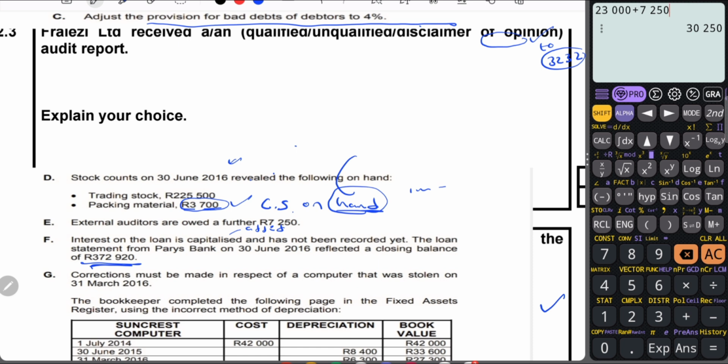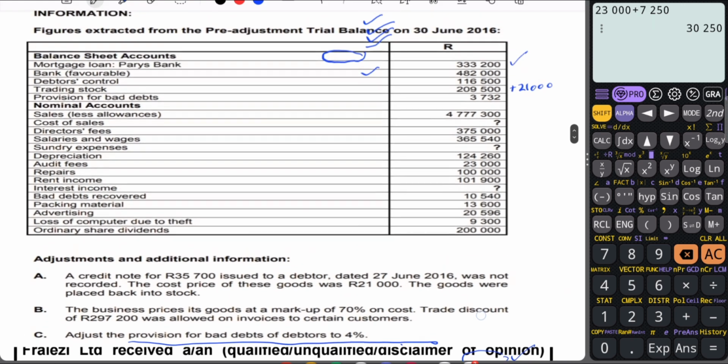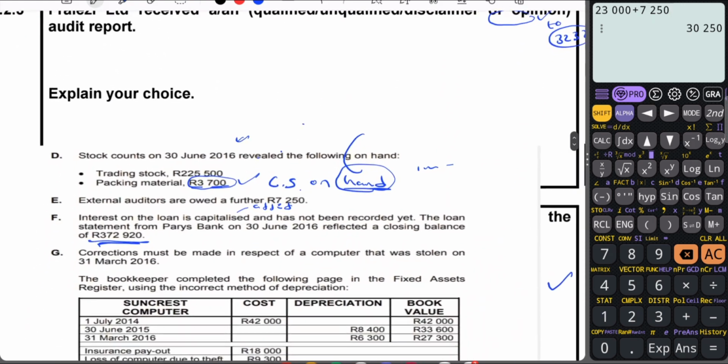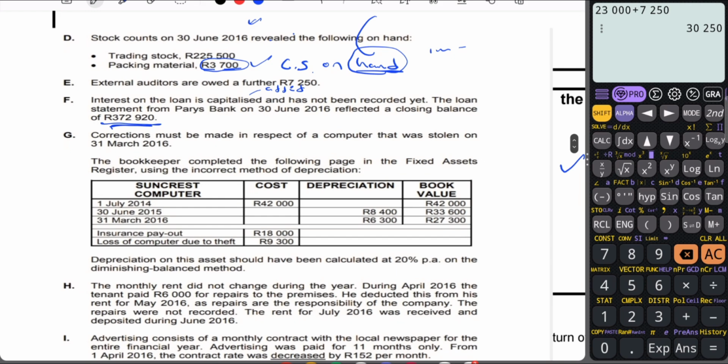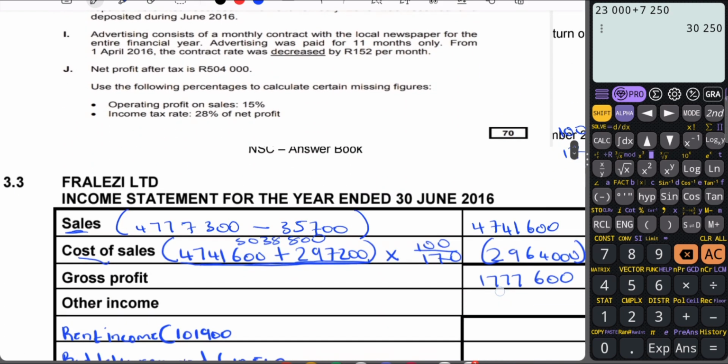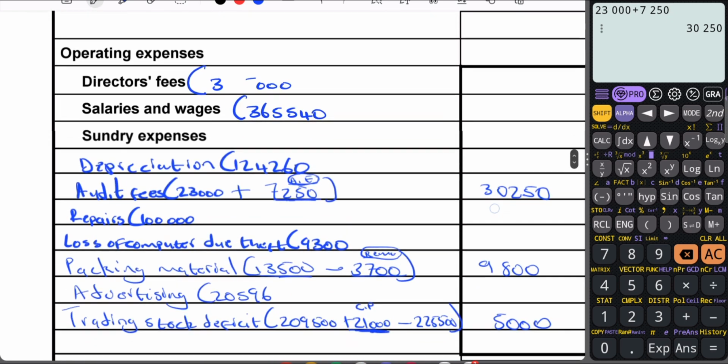It means the loan amount increased from 333,200 to 372,920. It means that there was an interest now, so we must go now and calculate the interest.